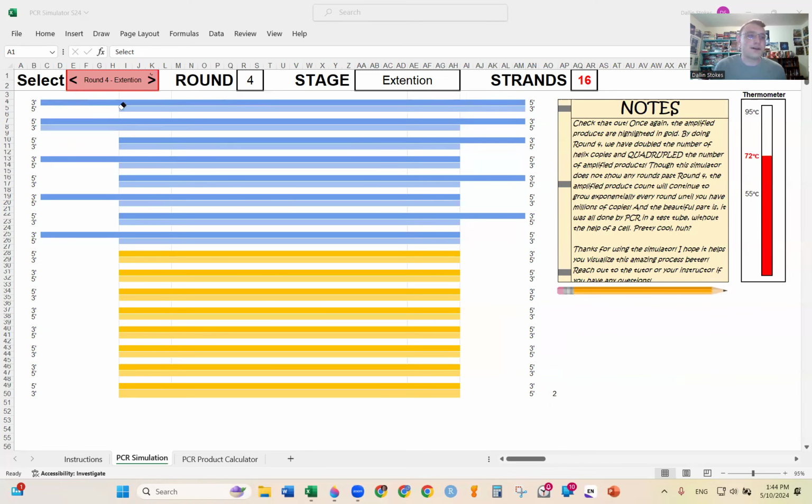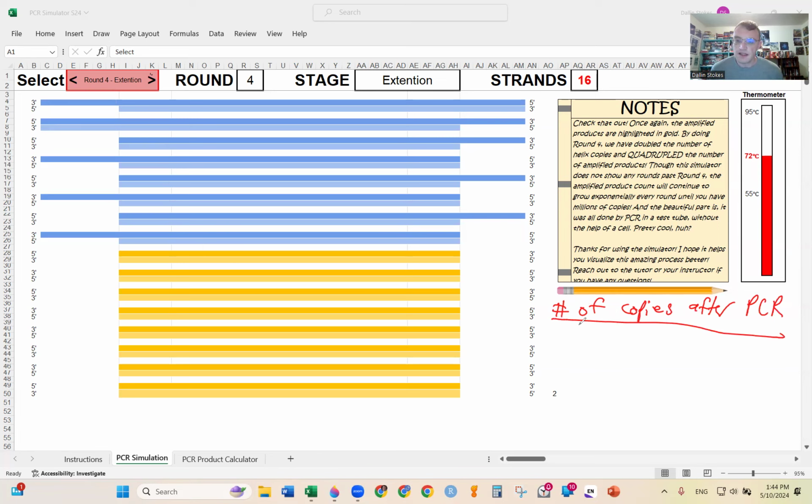But we've got a little formula here to make that easier. Here's the formula for figuring out the number of copies after PCR.